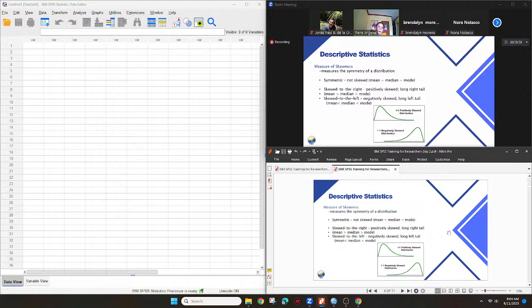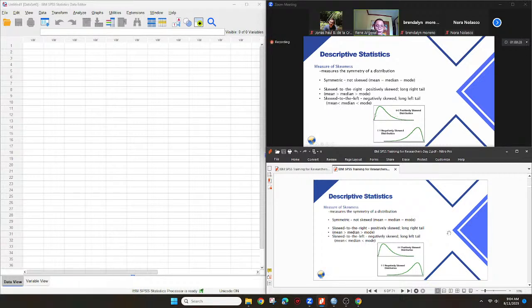When I was still new in teaching, actually I had difficulty understanding these concepts about skewed to the right and skewed to the left. So I just got the technique, so I will have to draw it. I will draw, and then the tail is going to the right, meaning skewed to the right distribution or positively skewed.